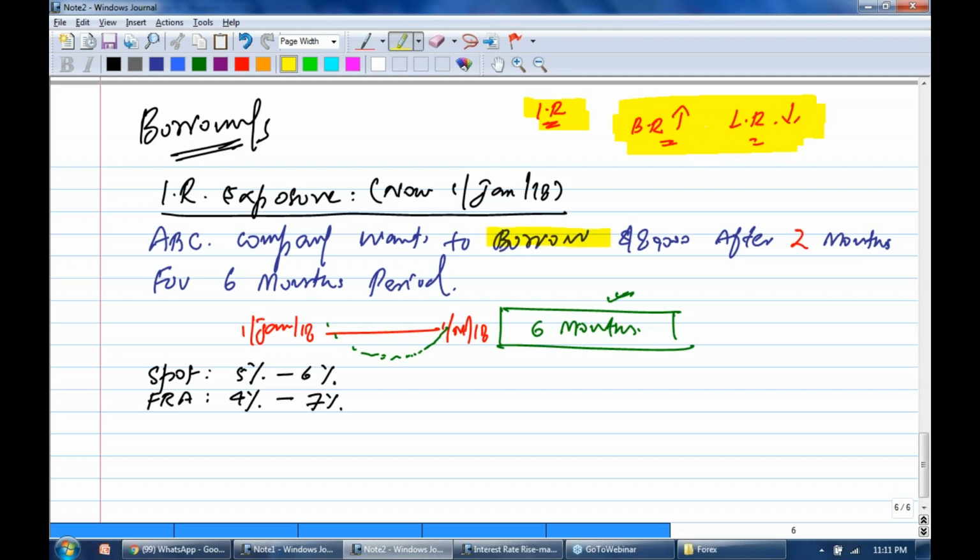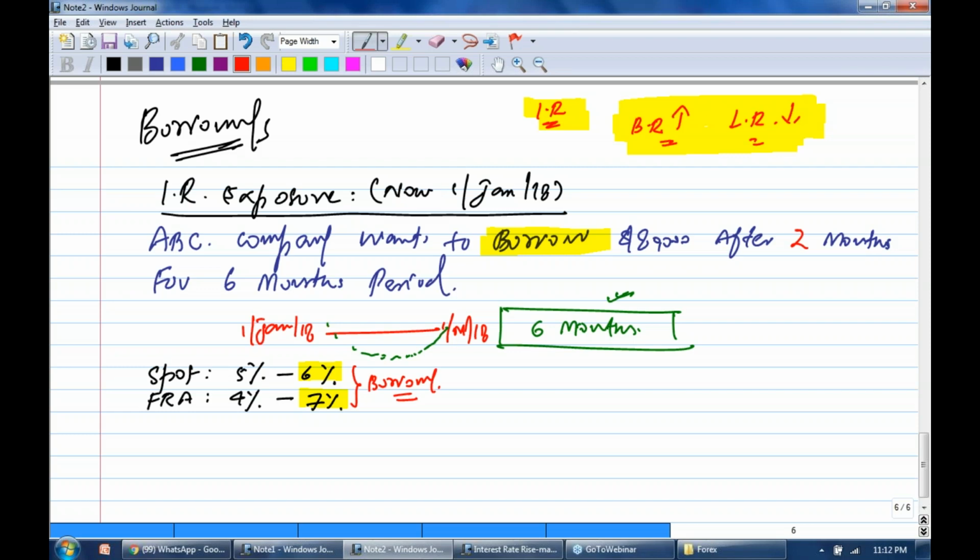This is the case of borrowing. So spot borrowing 6%, FRA borrowing 7%. It's universal.